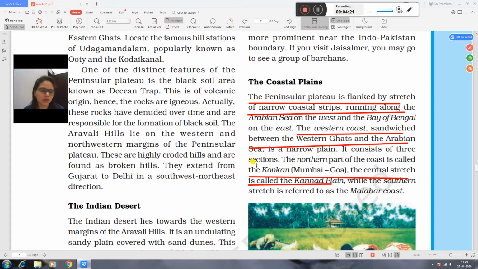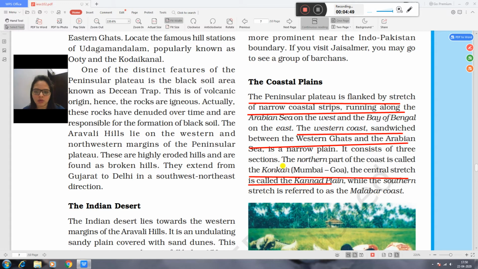The northern part of the coast, Mumbai and Goa side, is called the Konkan. The central stretch is called the Kannada plains, and the southern stretch is referred to as the Malabar coast.